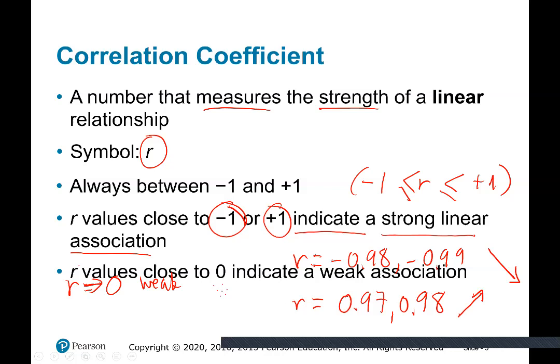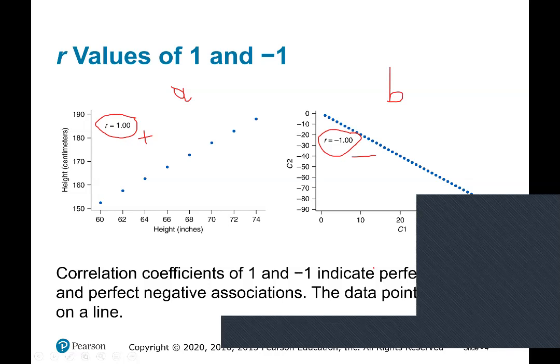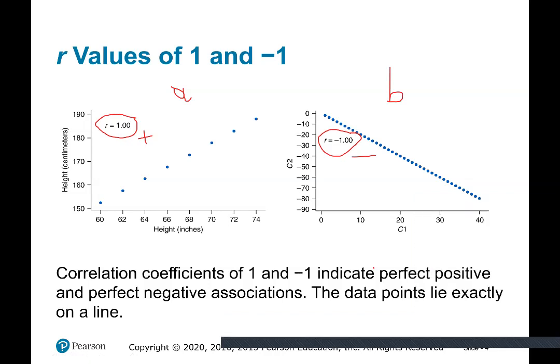As I state here, R values close to 0 indicate a weak association. Okay, so you can see in the first graph here, the line is going up, and the points lie exactly on a line.